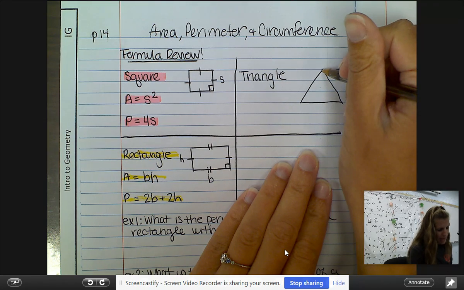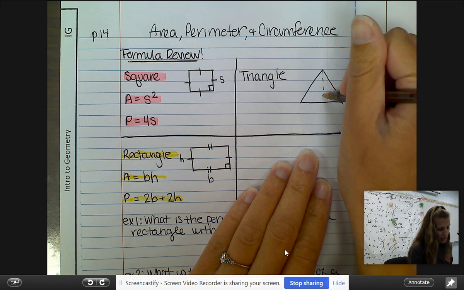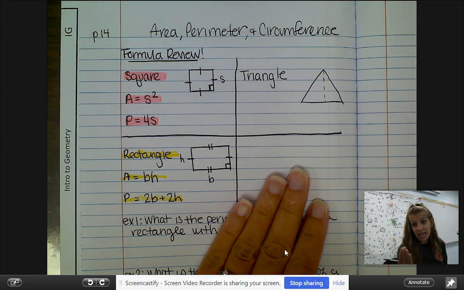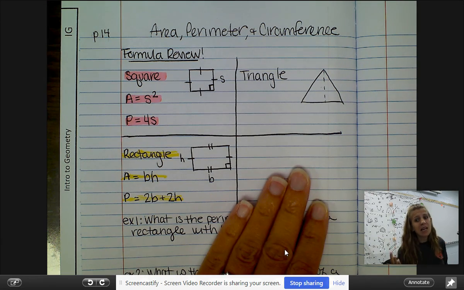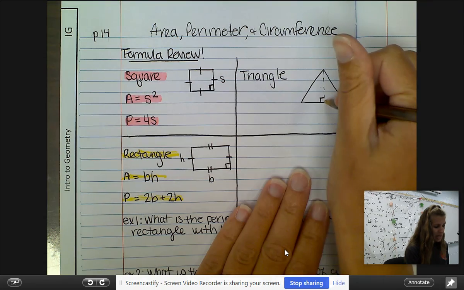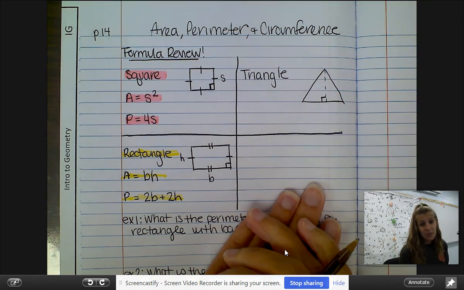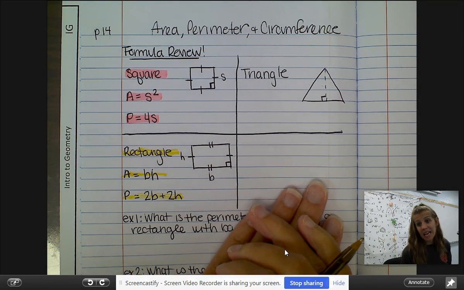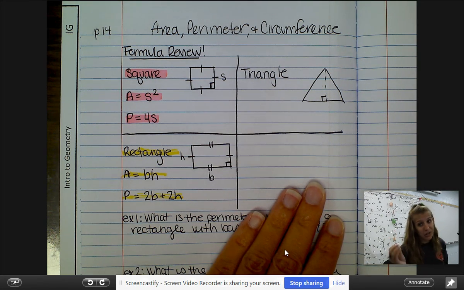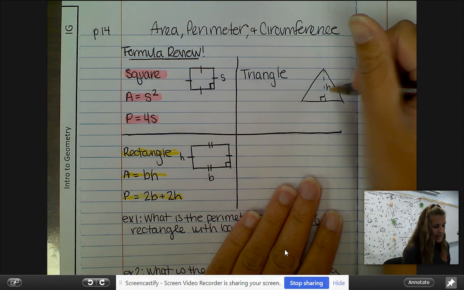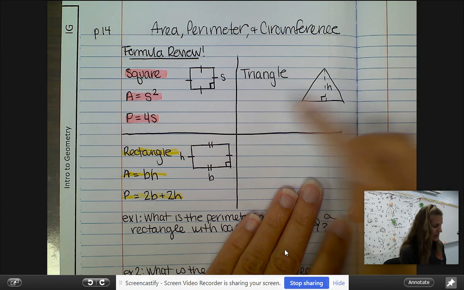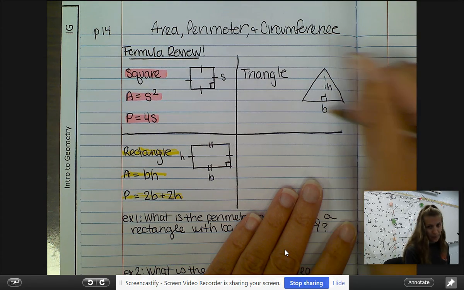Perimeter is not so bad, but with a triangle, you might have a dashed line drawn somewhere inside your triangle or maybe even somewhere outside your triangle with a perpendicular mark on it, so a 90-degree mark on it. And that's because when I want to find the area of a triangle, I have to have that perpendicular height. Okay, so we need that height, and then whatever side it is perpendicular to is your base.